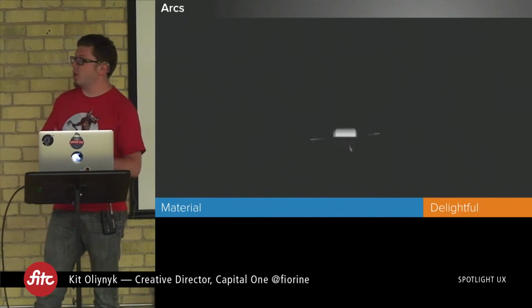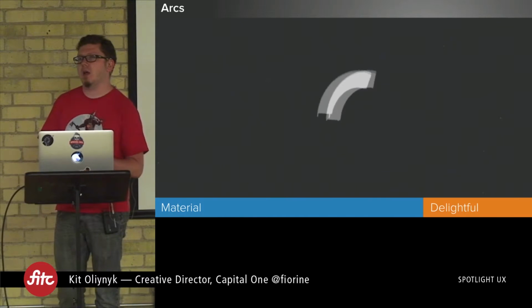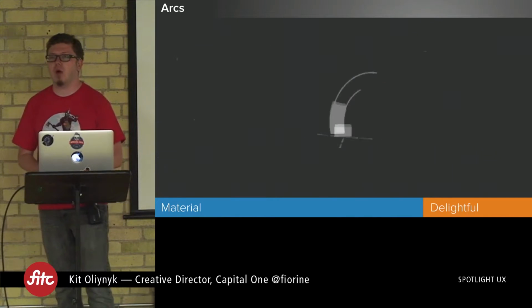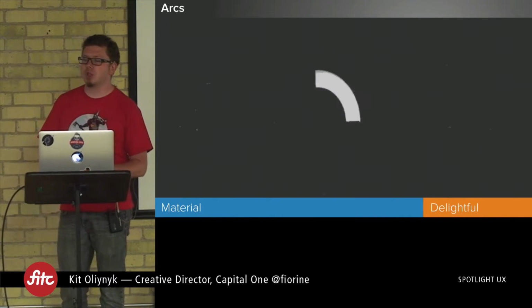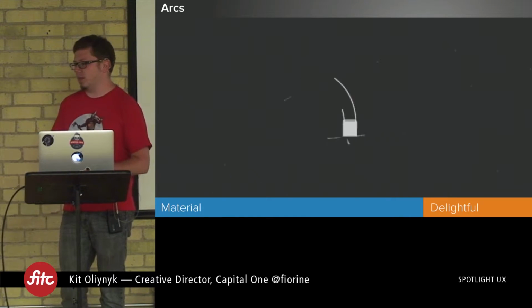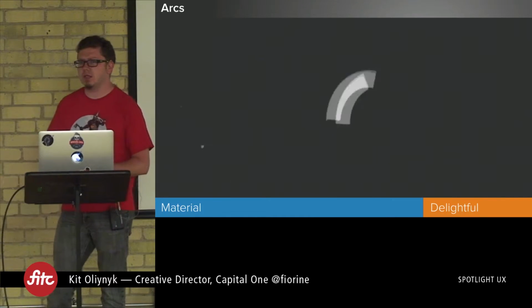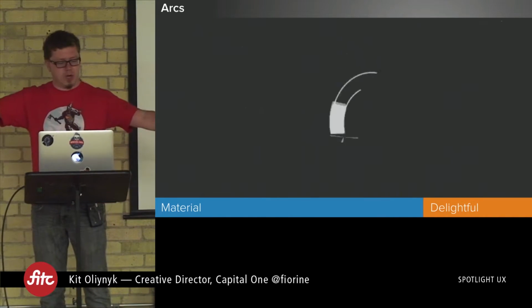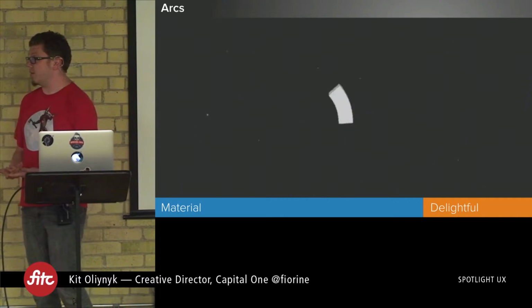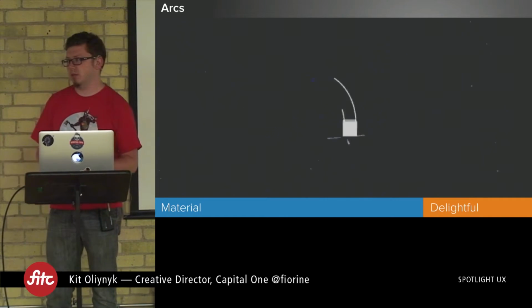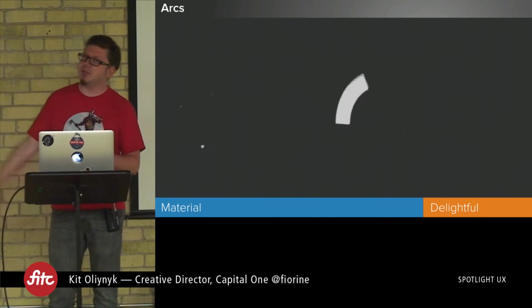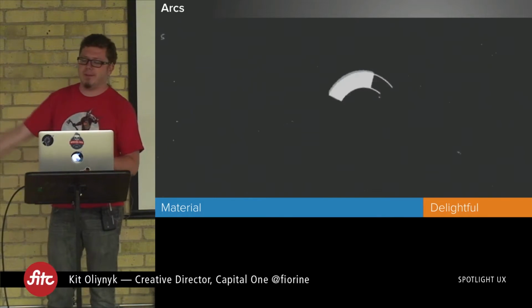Similarly, arcs can also help you define the look and feel of your product and your motion brand. Mechanical things like cars and trains tend to move along straight trajectories. Organic things like plants and animals and us, we tend to move along arcs, right?